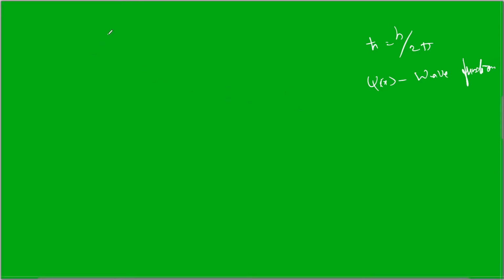Now we'll define a quantity k square, that is 2mE upon h bar square. So we are defining a quantity like this. K square is equal to 2mE upon h bar square.